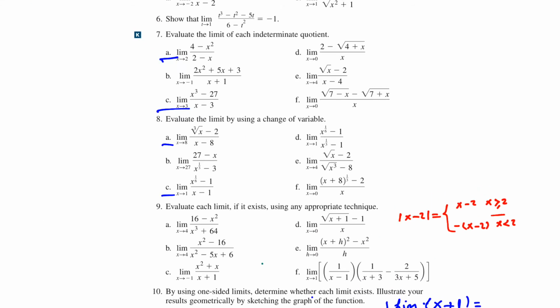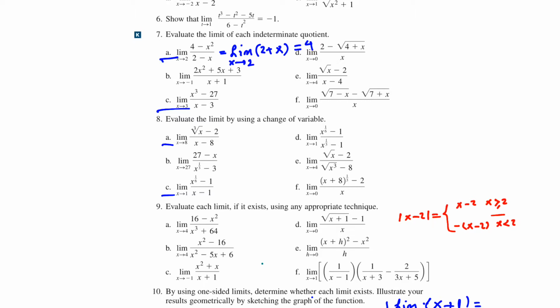Question 7, Part A. Evaluate the limit of each indeterminate quotient. Limit of (4 minus x^2) divided by (2 minus x) as x approaches 2 is the same as limit of 2 plus x as x approaches 2. 4 minus x^2 can be written as (2 minus x) times (2 plus x), which gives 4.